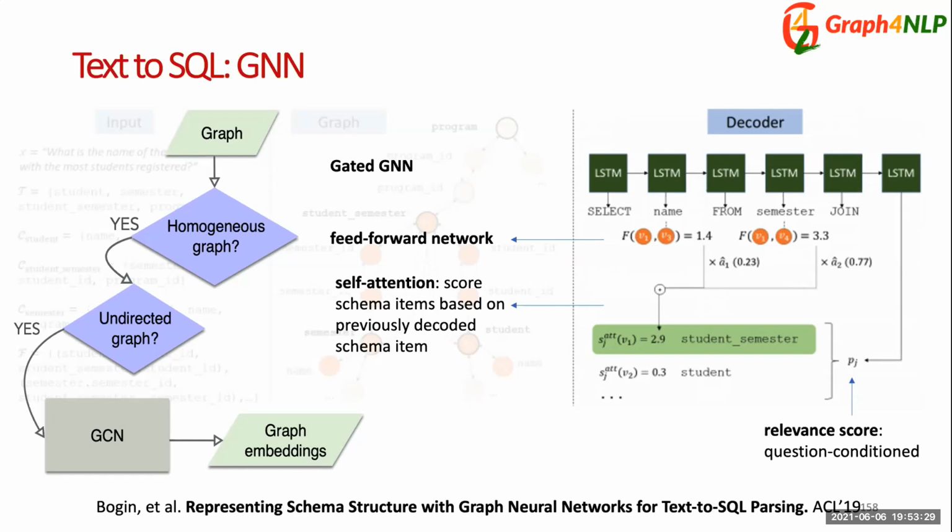In addition, it also has a relevance score, which changes the graph representation conditioned on the actual question, because the relevance of a schema item depends on the specific question. So with the combination of the self-attention and the relevance score, we can really capture constraints from the question as well as from the schema.